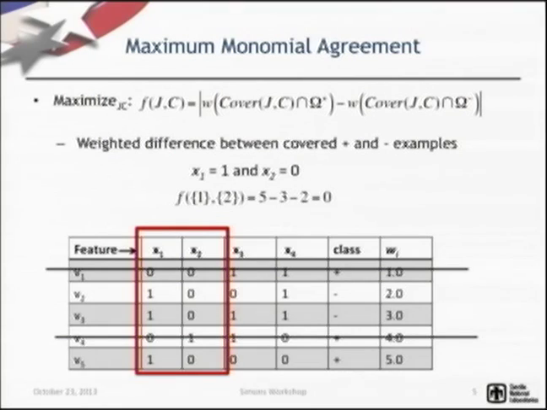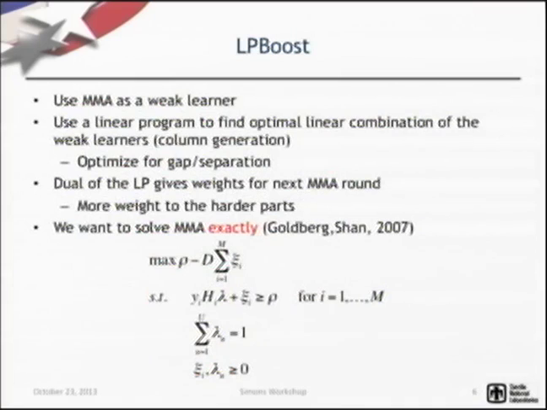And we look at the difference between the sum of the weights of the positive examples and the sum of the weights of the negative examples. This particular one doesn't have much discrepancy. In fact, it's 0. But it was the only one that had more than one interesting coverage for 2 columns.